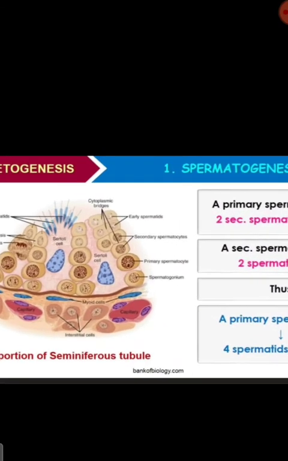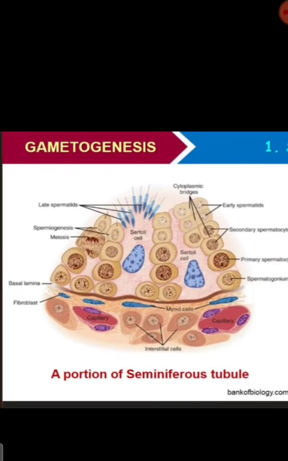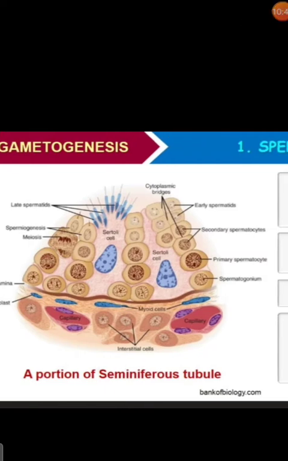So how they are produced, here you can see. A portion of the seminiferous tubules. Here there is the spermatogonium, the sperm mother cell, and the primary spermatocyte is produced, and from that secondary spermatocytes are produced.